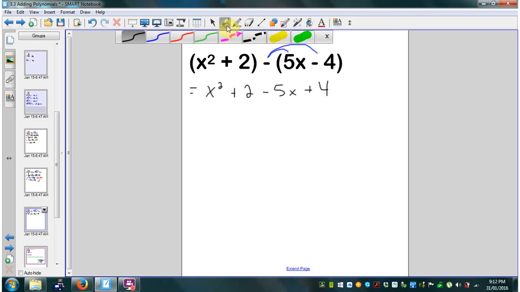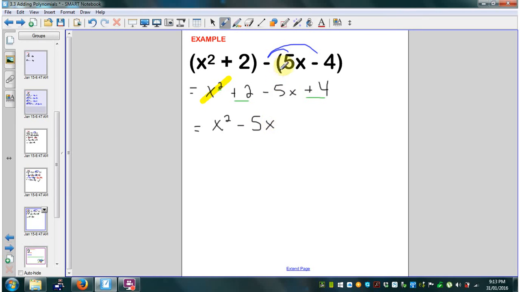Okay, we have some like terms here. We have a positive constant, positive 2, and a positive 4. These are unlike terms because we have the square here. So I'm just going to write them down. So equals x squared. That's that term taken care of. Minus 5x. That's that term taken care of.